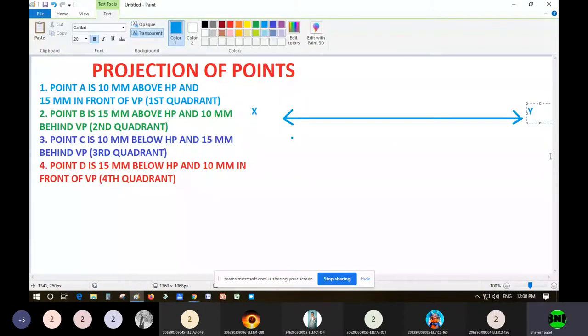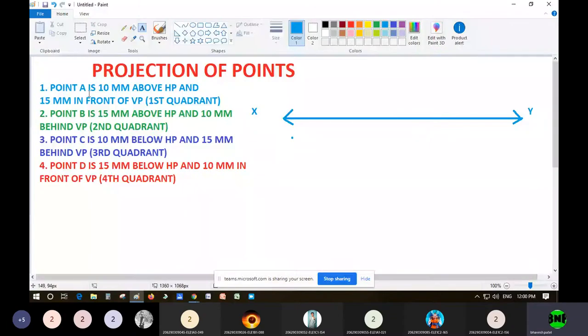And point A is 10 mm above HP, right? So I have told you, above HP means you have to draw 10 mm above. You have to take a point, my dear, as per the measurement. And you have to give the name, because it is above, so you have to give the name A dash.